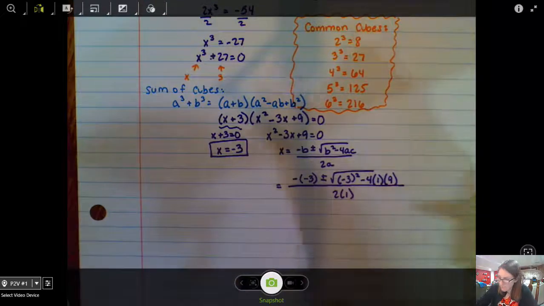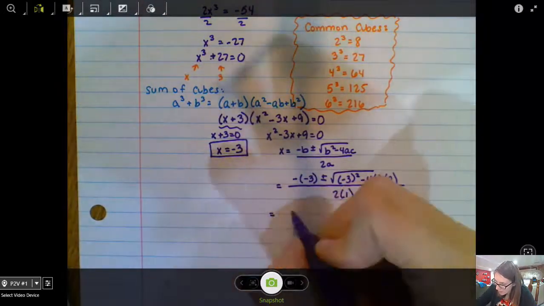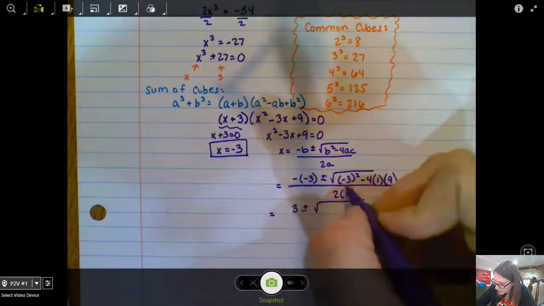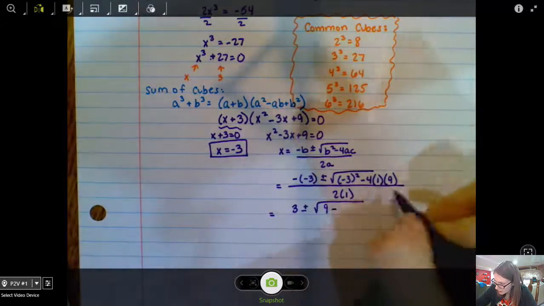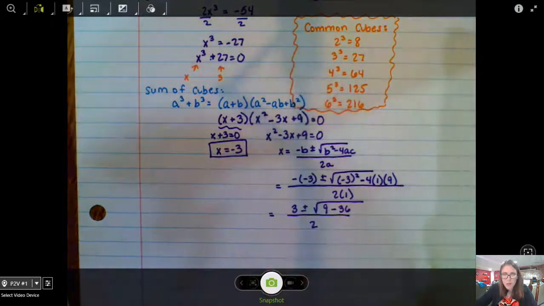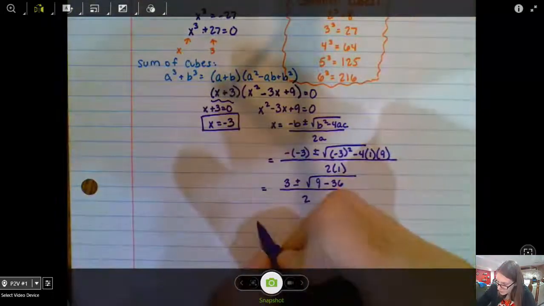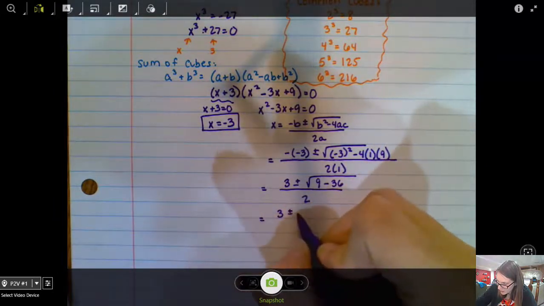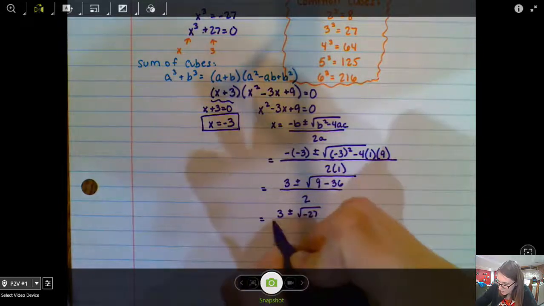And we just have a whole lot of simplifying to do here. Negative 3 is positive 3. And this is 9 minus 36, over 2. Three plus or minus square root of negative 27.